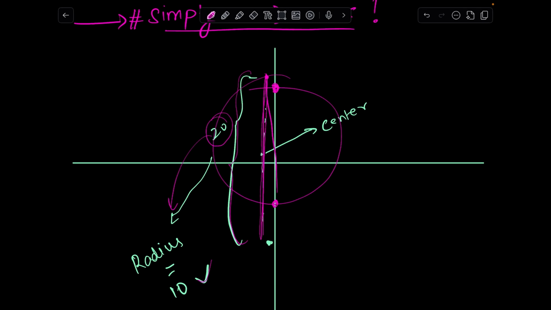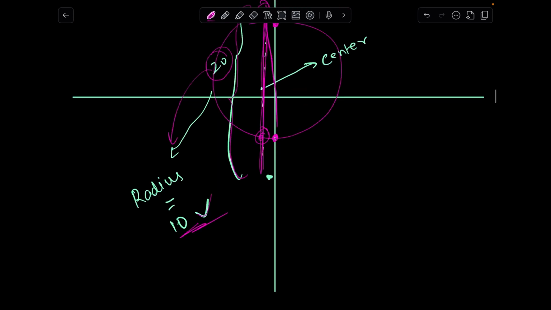They are just two points. So don't take that difference. Instead, you can find the y difference of these two points on the left, which will be equal to 20. That's your diameter, and half of it is the radius, 10.